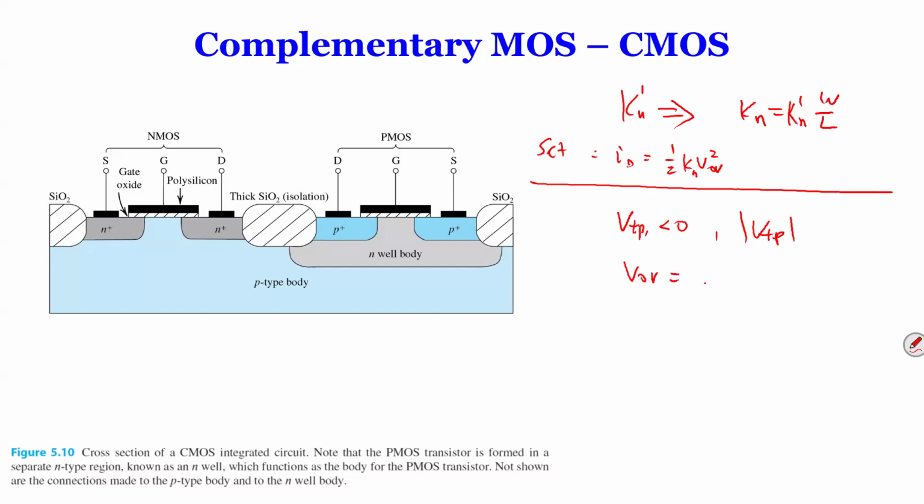VOV is going to be VSG minus the absolute value of VTP, so we use this absolute value for PMOS. This is how we're going to express PMOS, but the current is similar. The current in saturation is ID equal to 1/2 Kp times VOV squared. So that's for the PMOS.